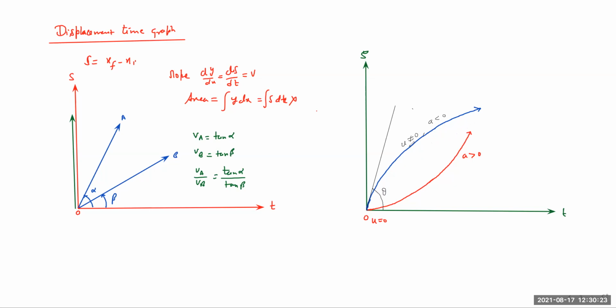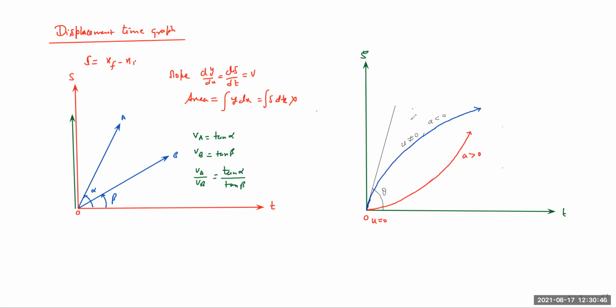If you draw the tangent further, the slope will decrease only, right? It's a decreasing slope. So every time you go ahead and draw a tangent, it will be a lesser value, less steep, right? Retarding. So it's a case of retardation because it's decreasing.